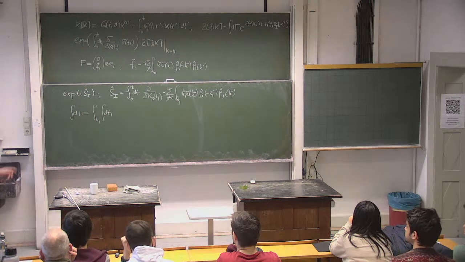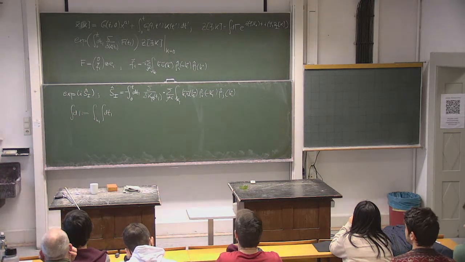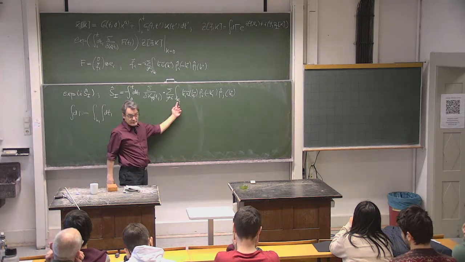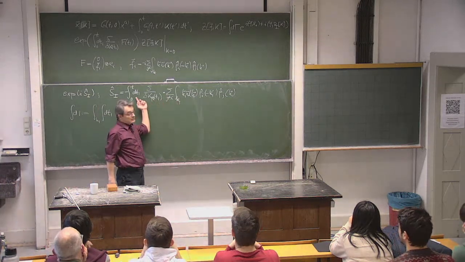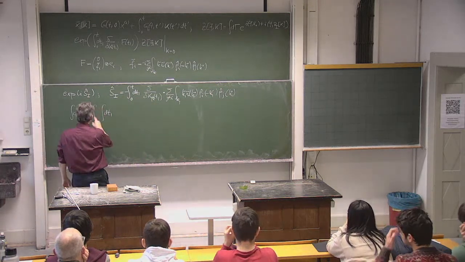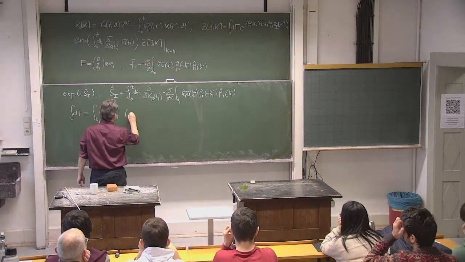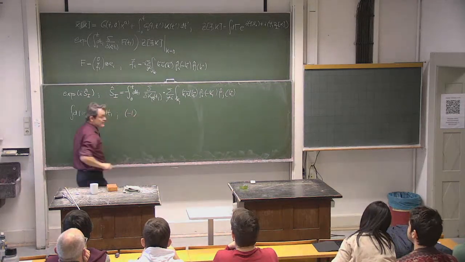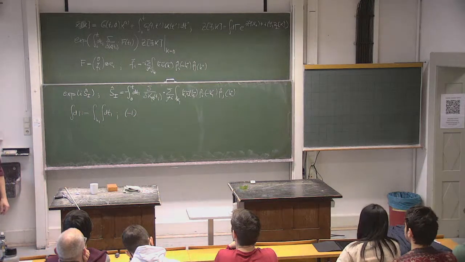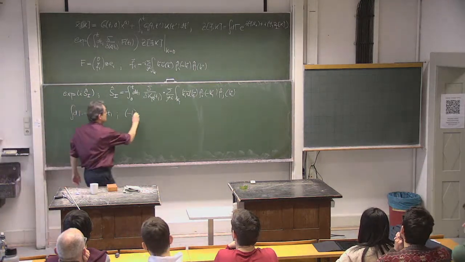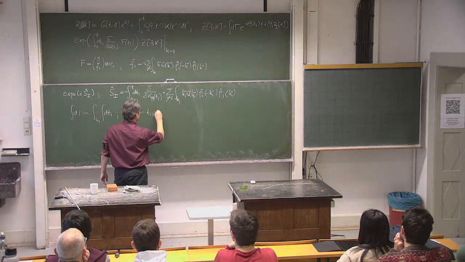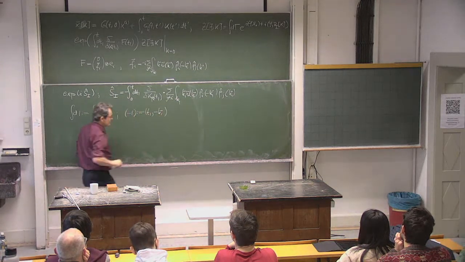It's just a shorthand notation for this double integral over positions in Fourier space and positions in time. If I write -1 as an argument of a function, I mean that the function is to be taken at t1 and minus k1.